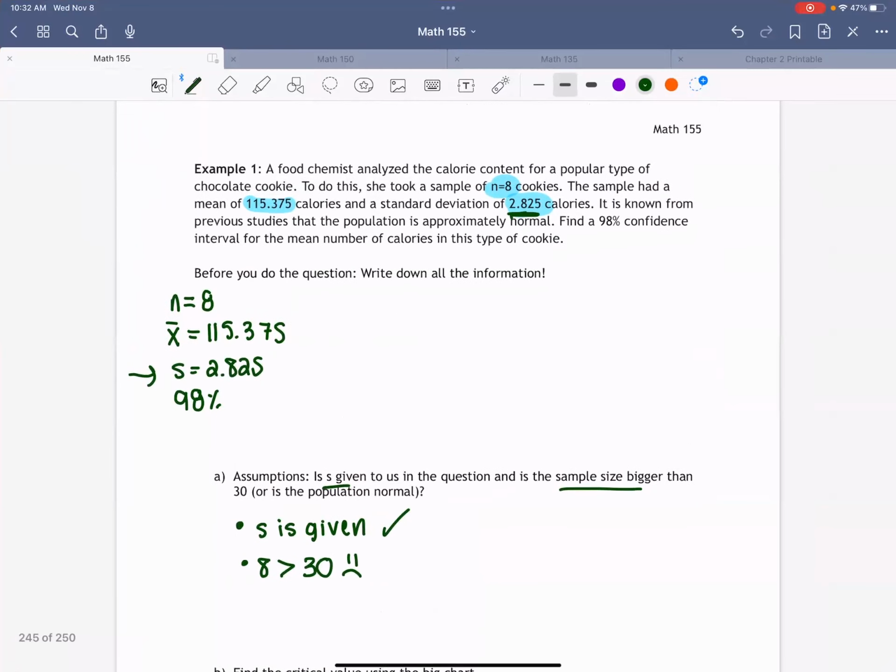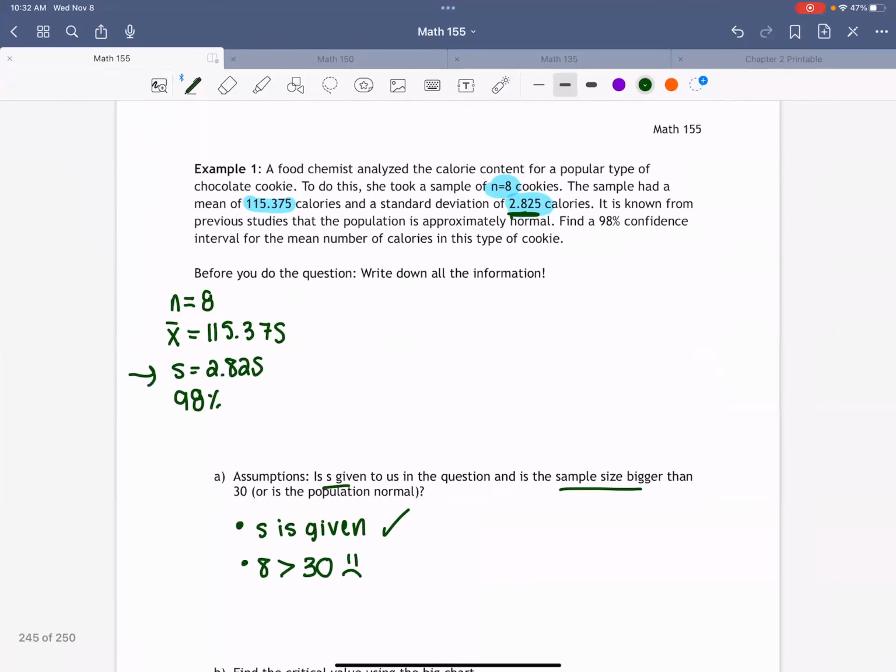Okay, I know I'm using row 7 and the column using our little cheat codes here. Since we have a 98% interval, it's 2.998 and that's it. All right, so that is our critical value. CV equals 2.998. Okay. All right, let's keep going.